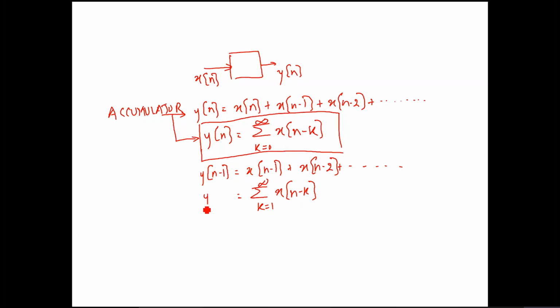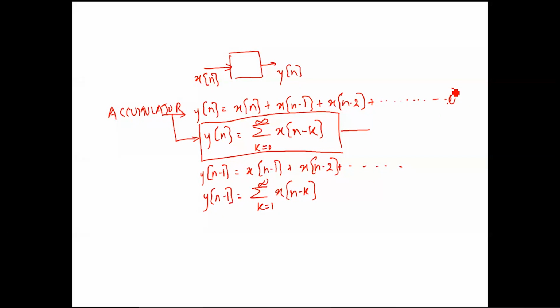So this will be your y of n minus 1, the output of the accumulator system. That was one previous output. Now using this equation, I will just call this equation 1.